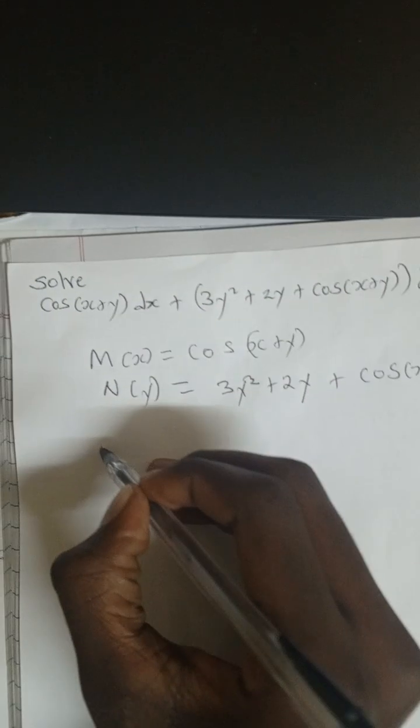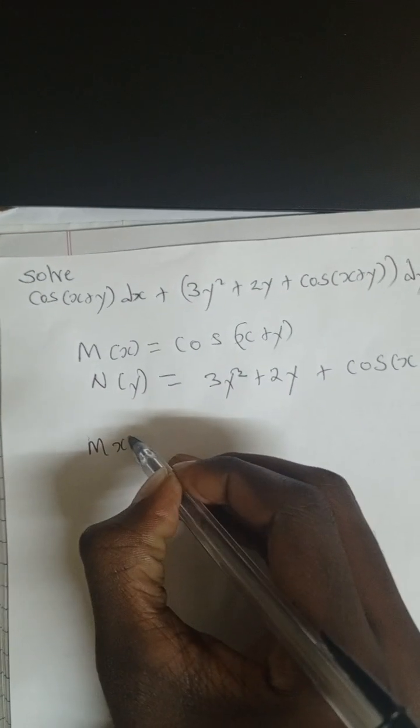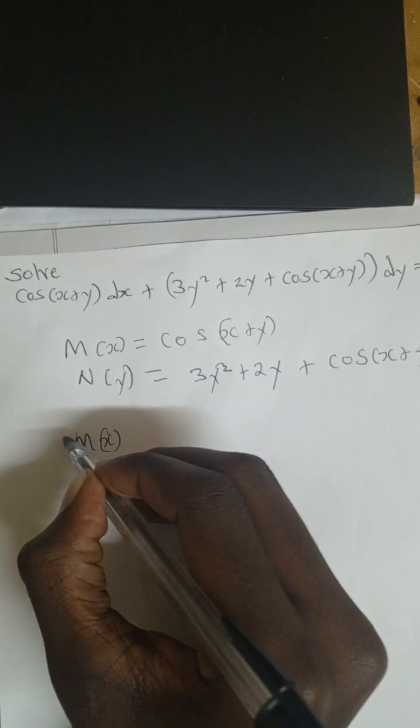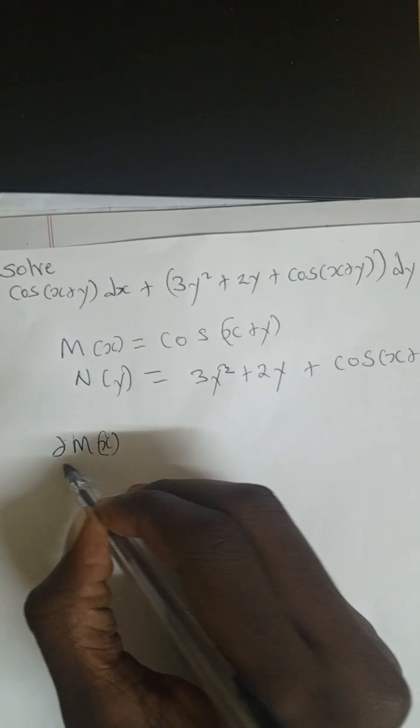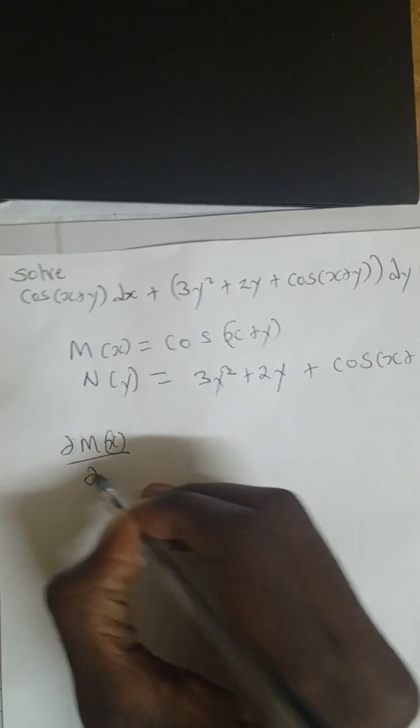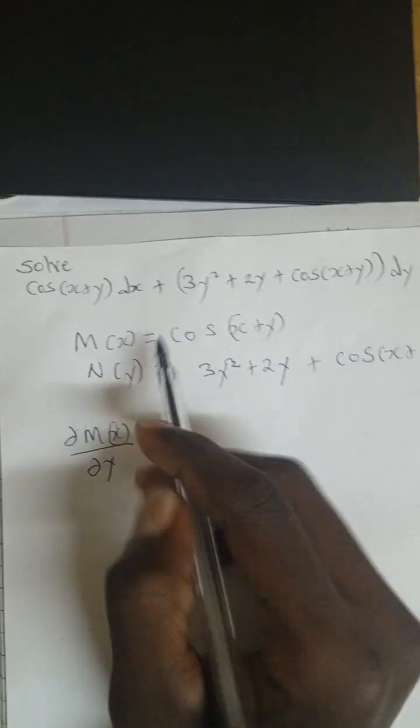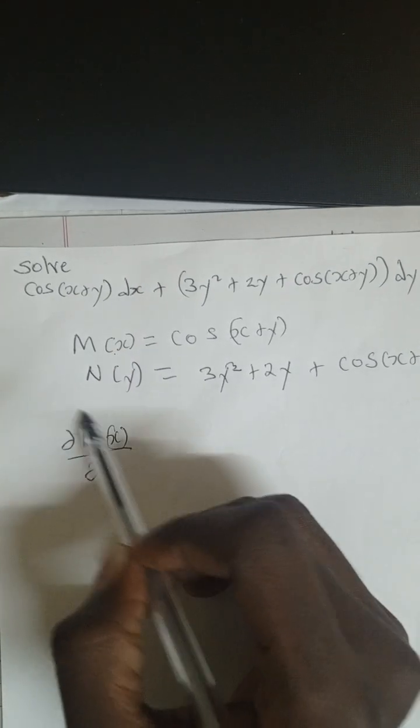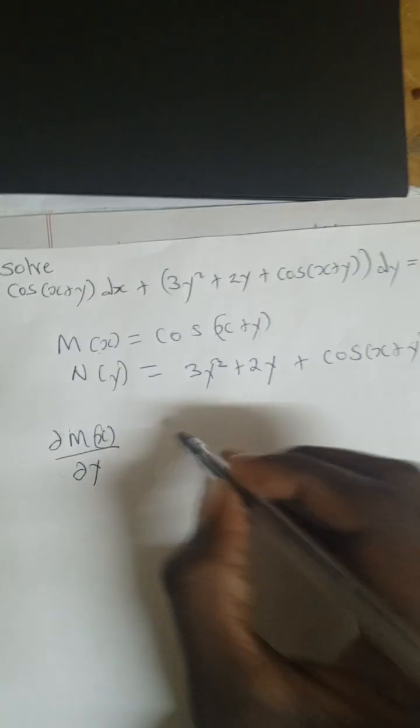So let's start. We are taking M of x and we are partially differentiating it with respect to y.